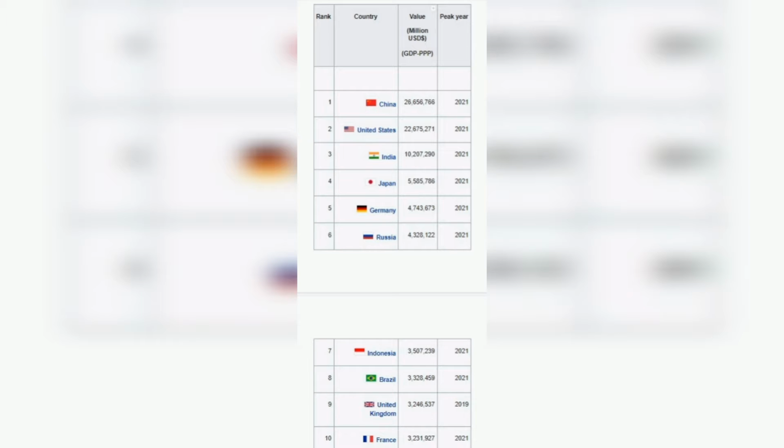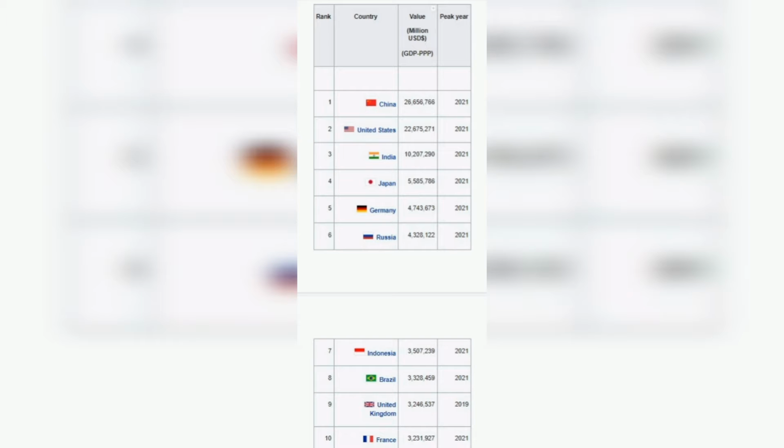And the big factor of this economy is the population of India, which is above a billion people. So that is the reason that India is so rich economically, considering purchasing power parity.